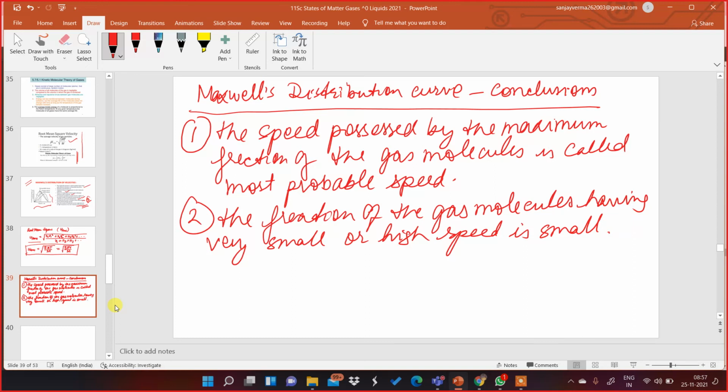So this is the second conclusion from the Maxwell's distribution curve for the molecular speeds of gases. The fraction of the gas molecules having very small or very high speed is small, only very few of them.